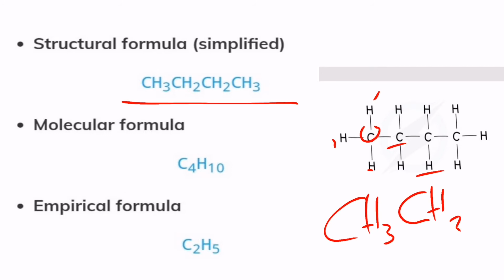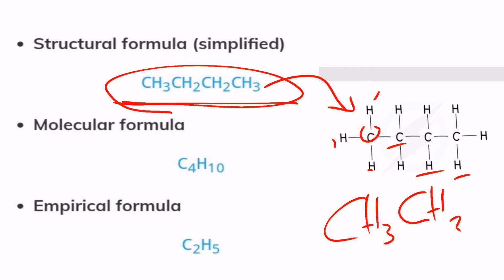We continue, this one combines with 2, and this one combines with 3. Then we come up with this simplified structural formula of butane. So this one and this one are actually just the same. It's just that here we've simplified, and here we've displayed it.